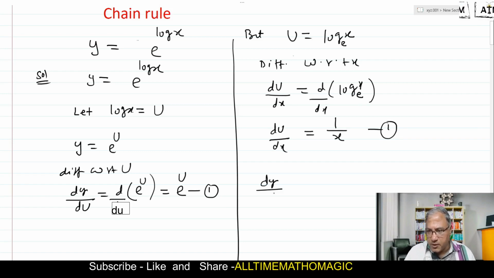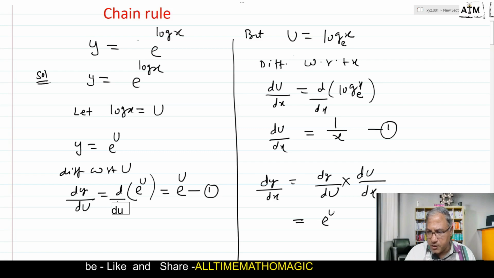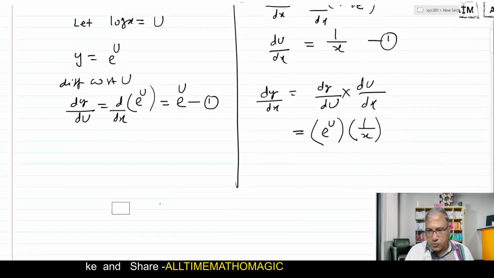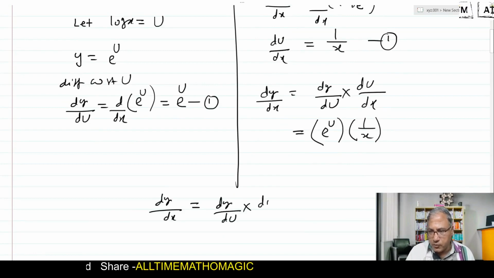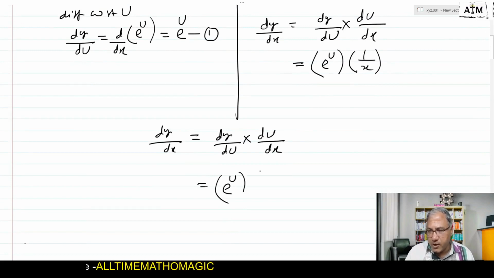Now applying chain rule, dy by dx equals dy by du into du by dx. dy by du is e raised to u, and du by dx is 1 upon x. So dy by dx equals e raised to u multiplied by 1 upon x.